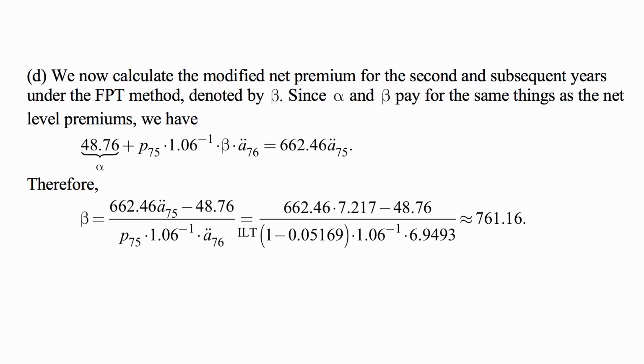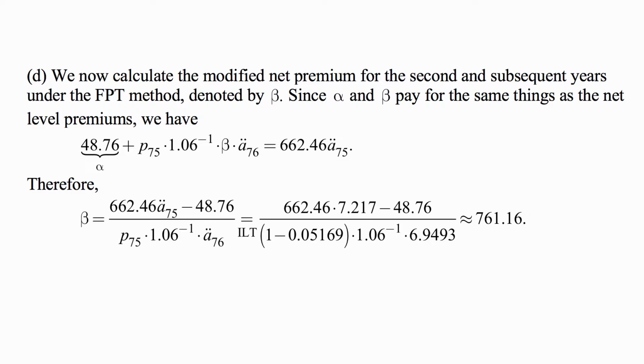Since alpha and beta pay for the same things as the net level premium, they pay for the amount equal to 662.46 times A.75, but alpha is 48.76, and then beta is paid as A.76, but at time 1, so if we bring it to time 0, we multiply by P75 times 1.06 to the negative 1.